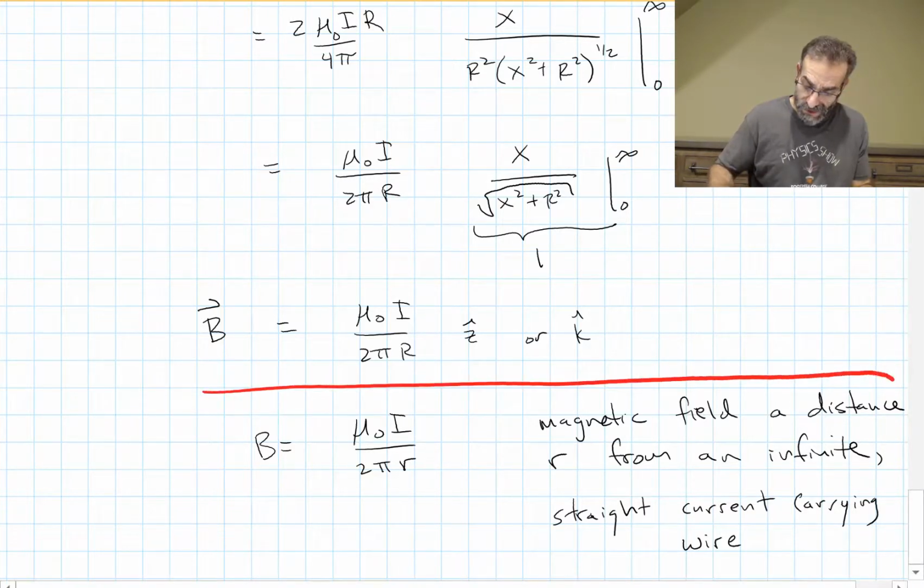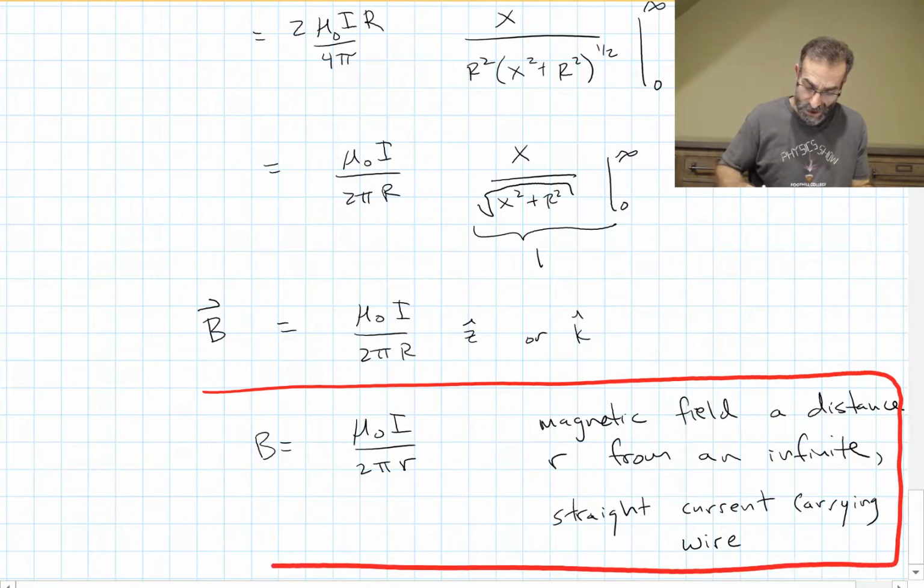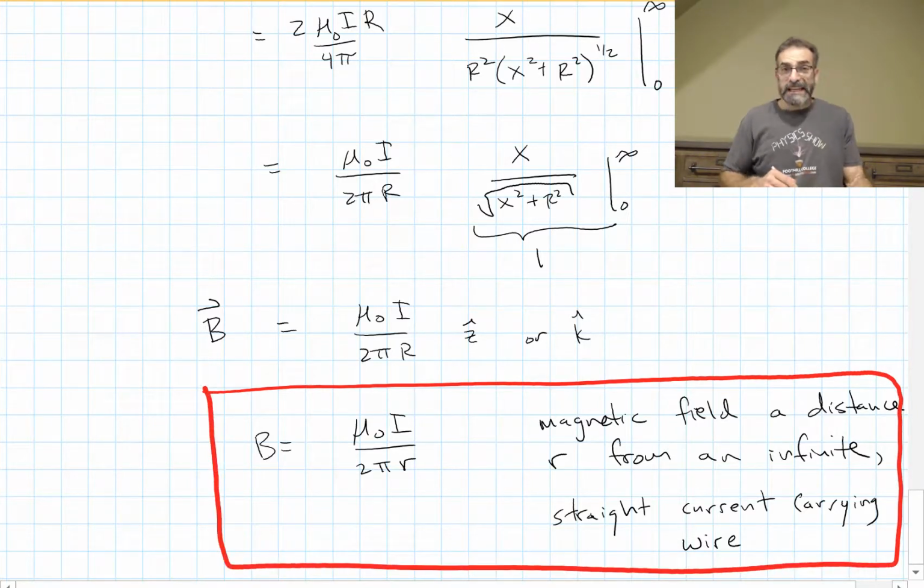The magnetic field a distance r from an infinite straight current carrying wire.